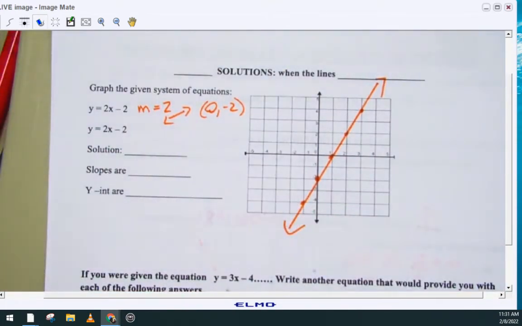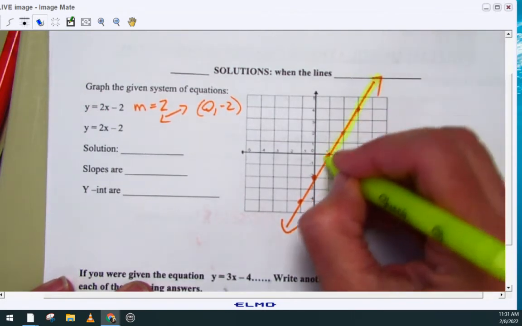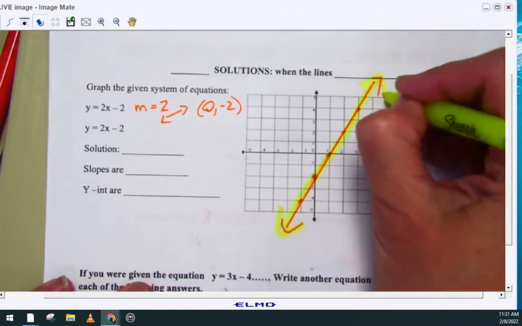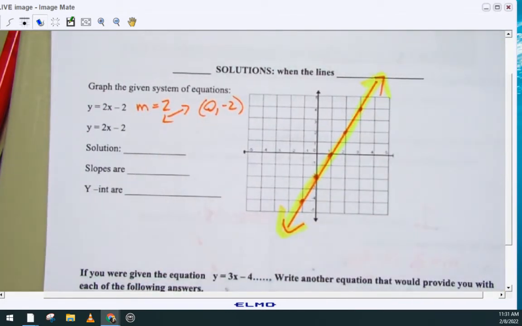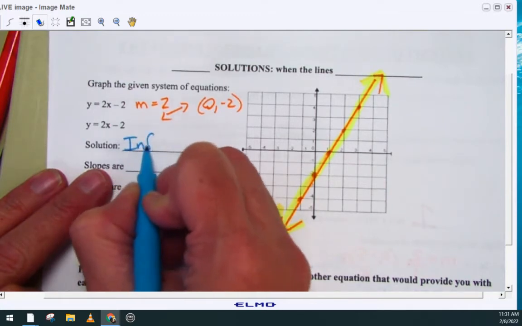If I do the other one, you'll notice it's the exact same line. So I'm just going to go on top of it because they have the same slope and the same y-intercept. So boys and girls, the solution to this is infinite.